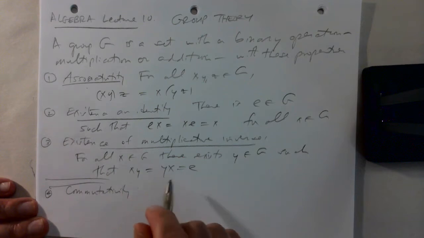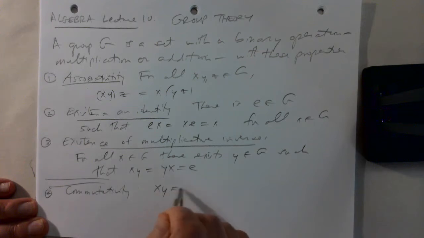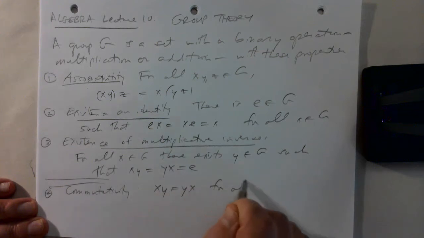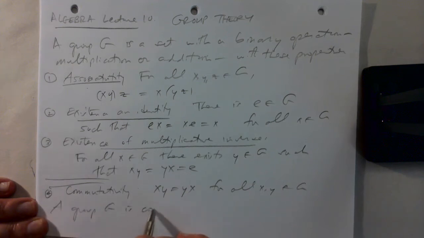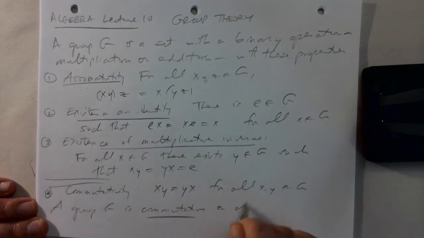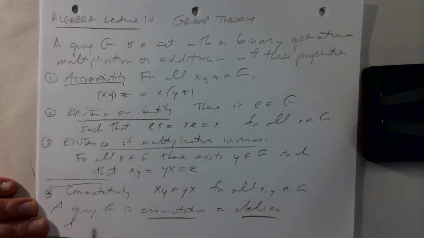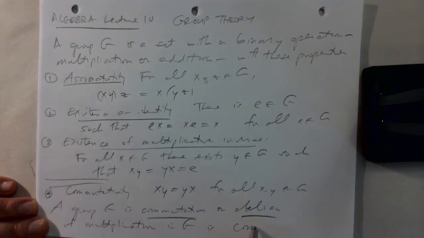So the commutative property says that xy equals yx for all x and y in the group, and a group G is commutative or abelian if multiplication in the group is commutative.